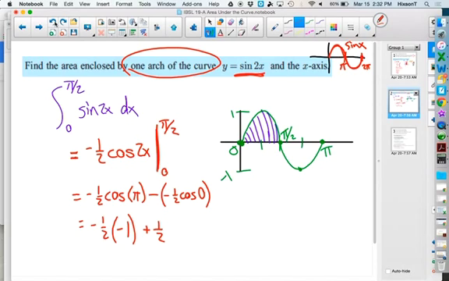What's the cosine of 0? 1. Okay? So, negative 1/2 times negative 1 is 1/2. 1/2 plus 1/2. The area is 1. So that area right there is 1.